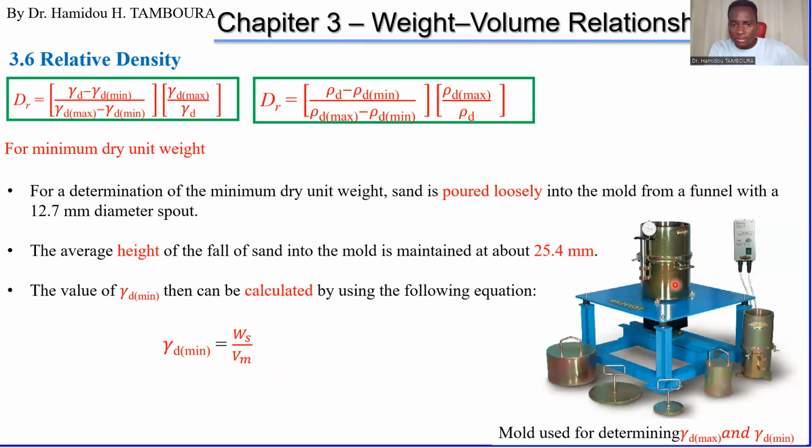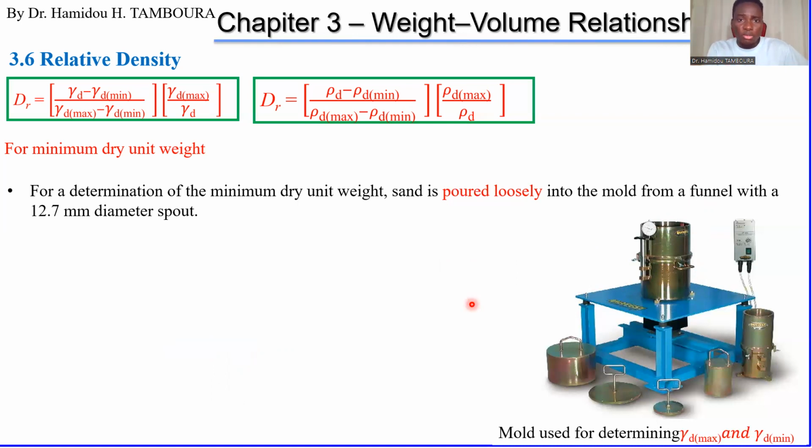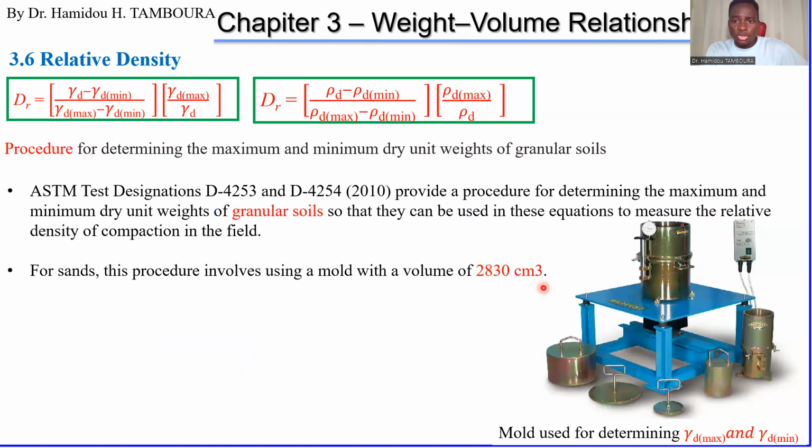Do you remember the volume? We just saw it in the previous slide, let me go back and show you. This is the volume. So if you know the volume, you also weigh the empty mold.